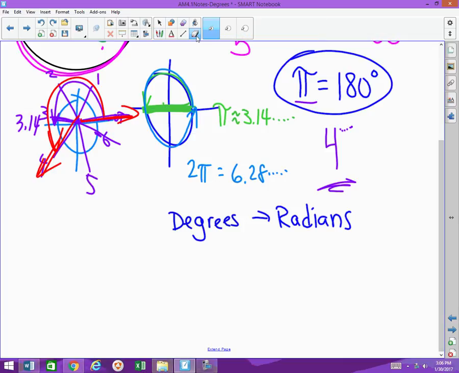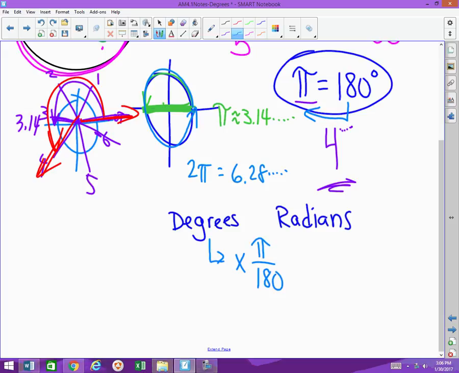If you have a degree measure and you want to convert it to a radian measure, you take the degree measure and multiply by pi over 180. And if you're going the other way, if you have the radian measure and you want to convert it to degrees, you multiply by 180 over pi.